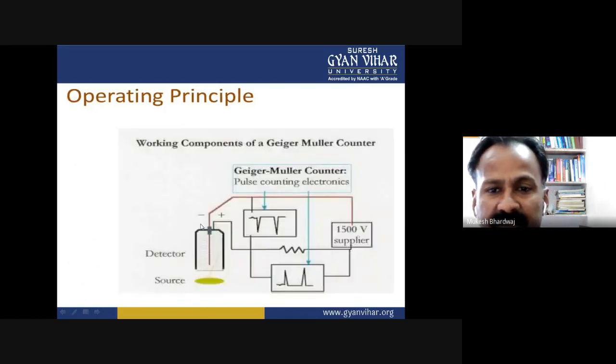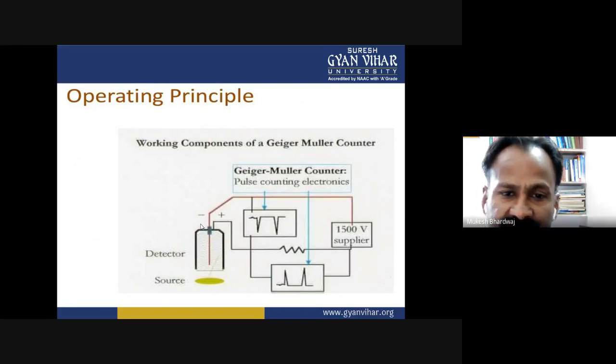Operating principle: this is the GM tube pictorial representation. As you see here, the detector, the source, the GM counter pulse counting electronics, and the supply voltage of 1500 volt are neatly shown.